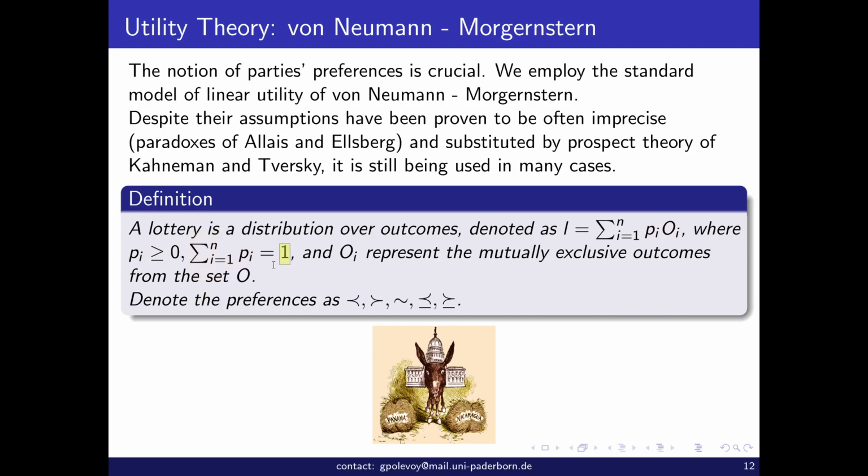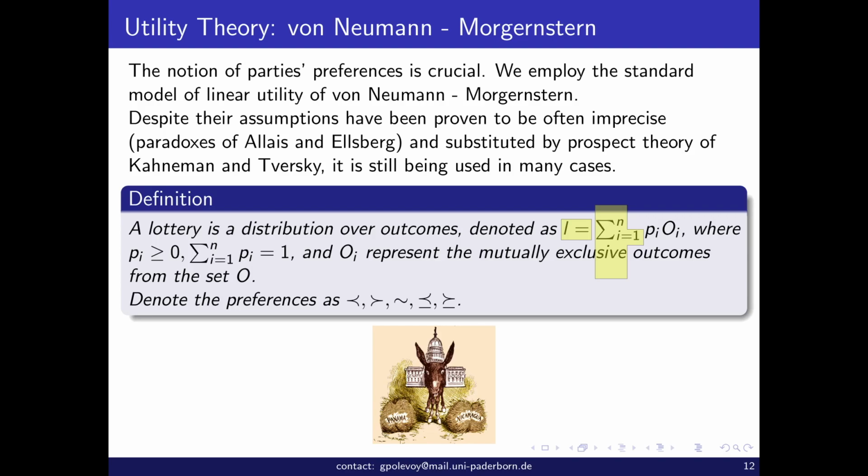So we are sure that exactly one of those mutually exclusive outcomes happens. That's a general model of something which a game can result in. So it's a linear combination of sure things.